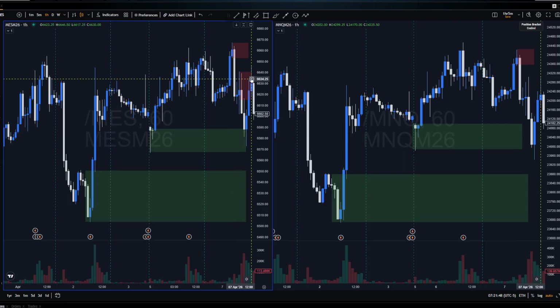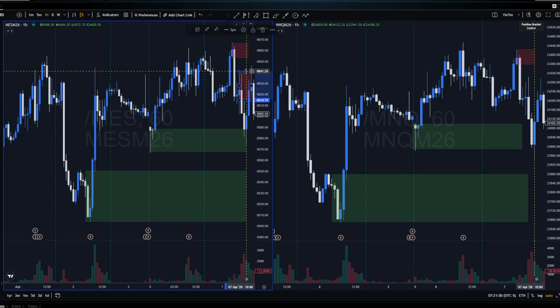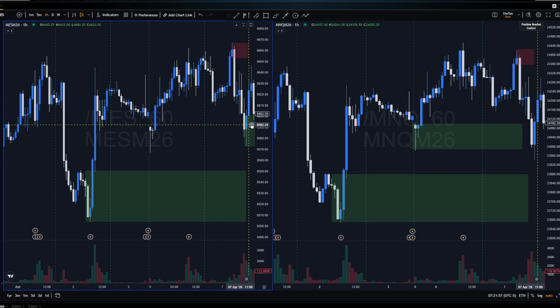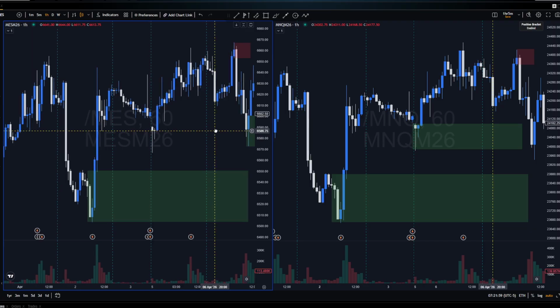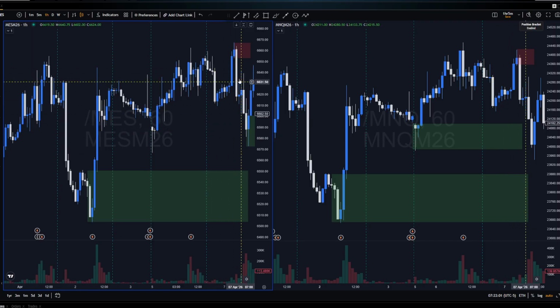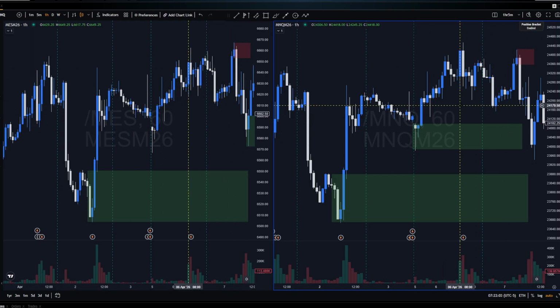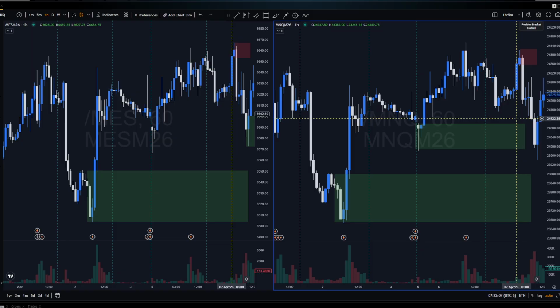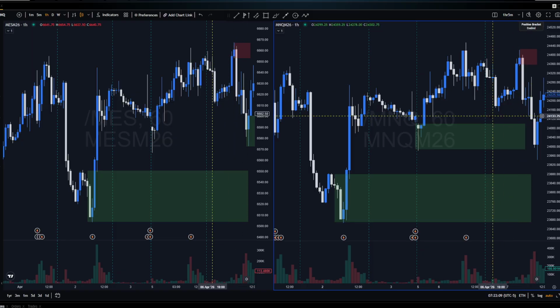Okay. So once we take out this high right here, we have demand, new demand forming. So that's our new demand now. At this time in the hourly picture on ES, this is what it looks like. And at this time on the NQ, it's a different picture. What happened?